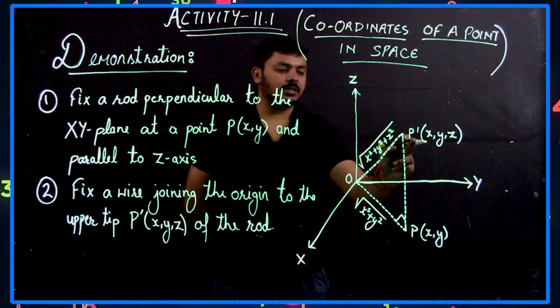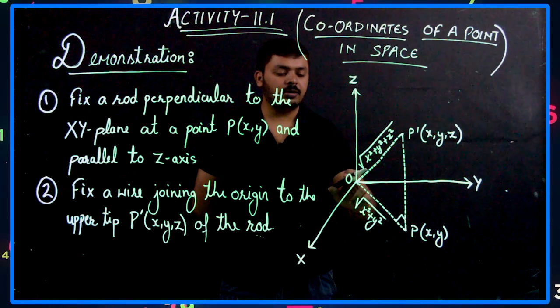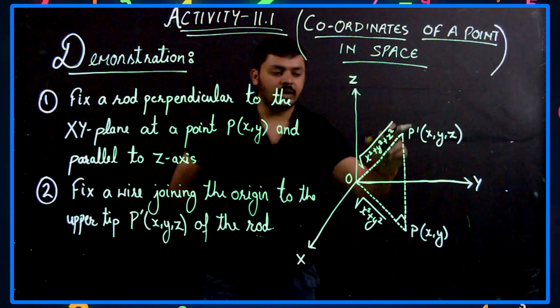That is, P dash is the upper tip of the rod and we join the origin to P dash with the help of a thread.